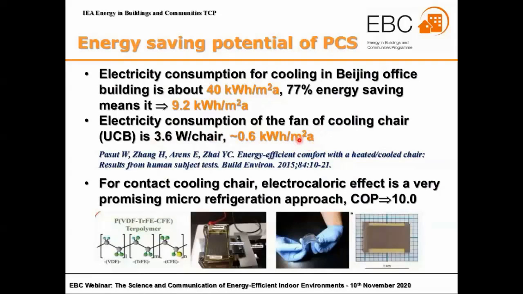But for the contact cooling chair, of course, the semiconductor refrigeration is not efficient, but the electrocaloric effect is a very promising micro refrigeration approach because the COP can be as high as 10. The temperature range is just good for us.